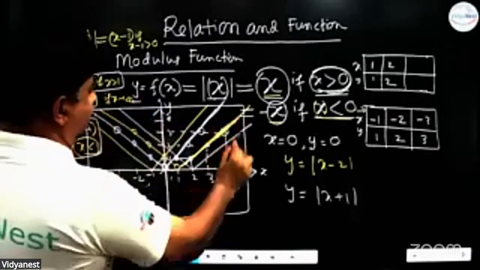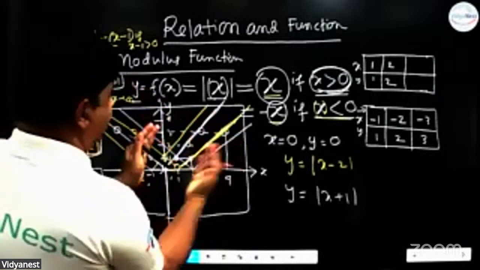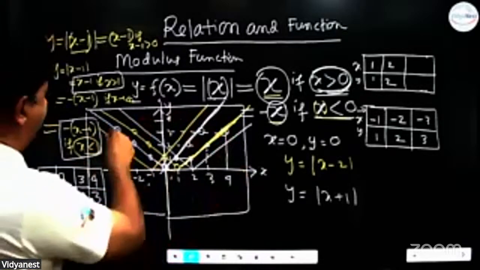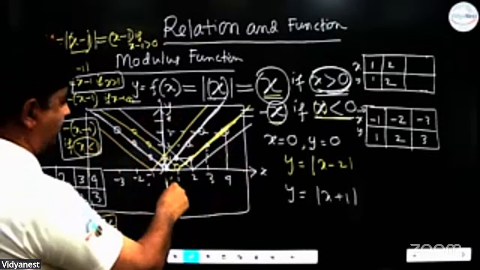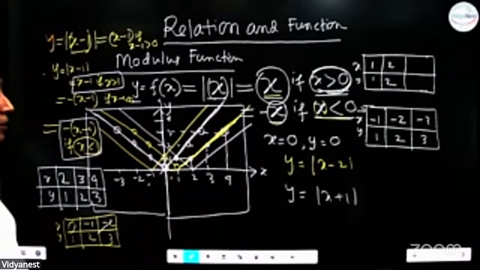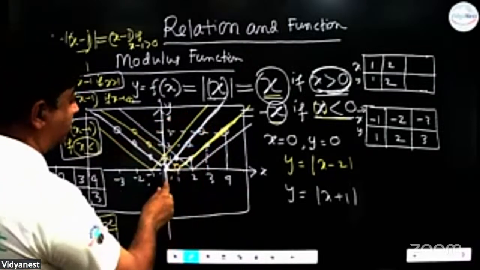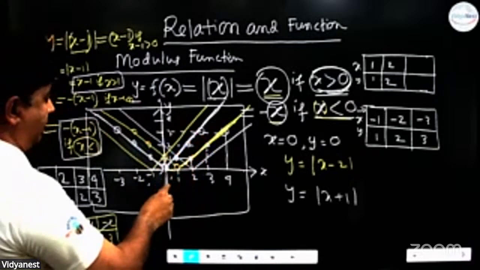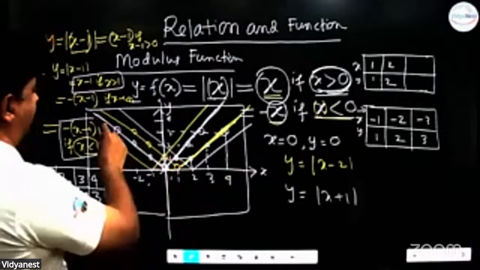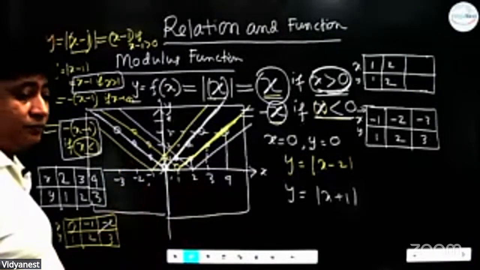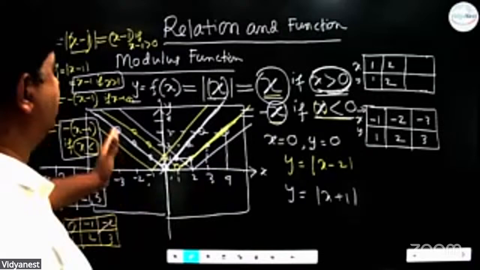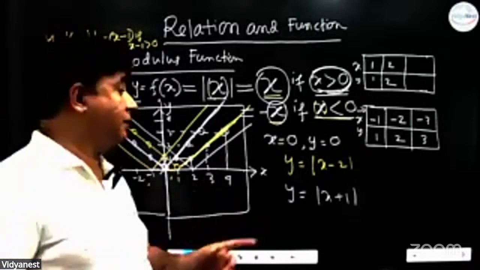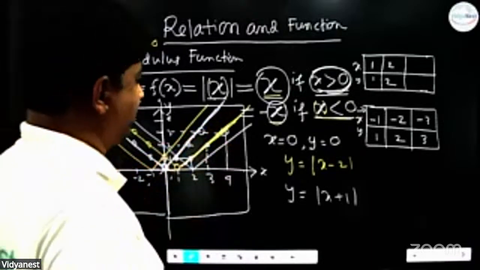You fold this page along this line. Just fold it. You will get the image here. Yes or no? So, this is called symmetry. All points of this line are equidistant from all points of this line. So, by practical geometry, you can frame that V shape also.